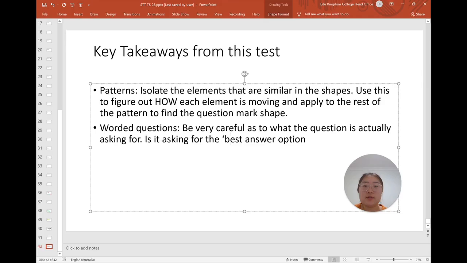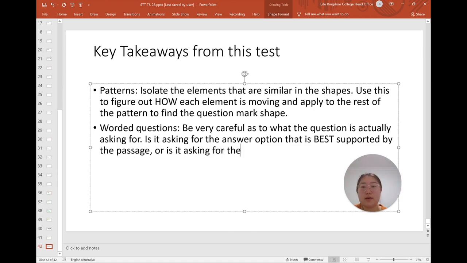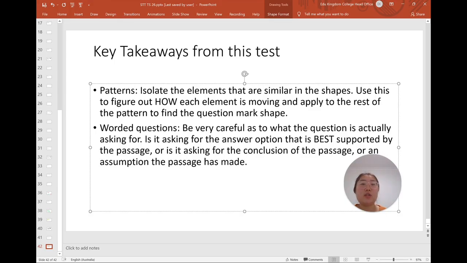The answer option that is best supported by the passage? Or is it asking for the conclusion of the passage? Or an assumption the passage has made. So you have to be aware about the actual question itself, or else there's no way of you to figure out what they actually want you to solve.